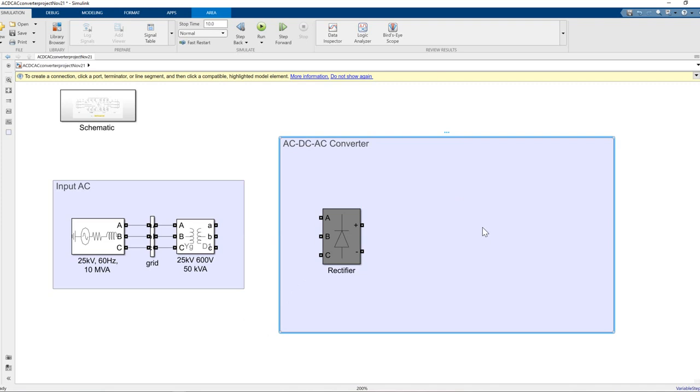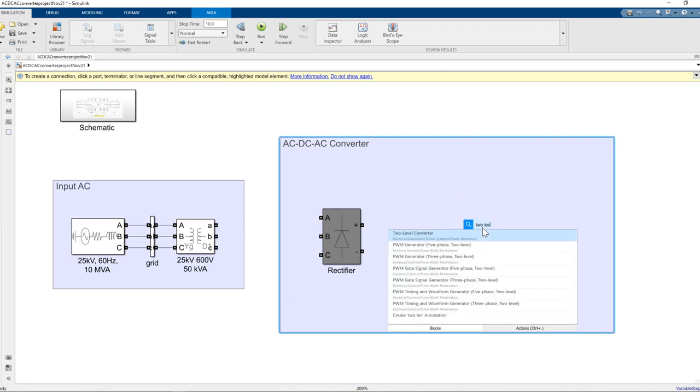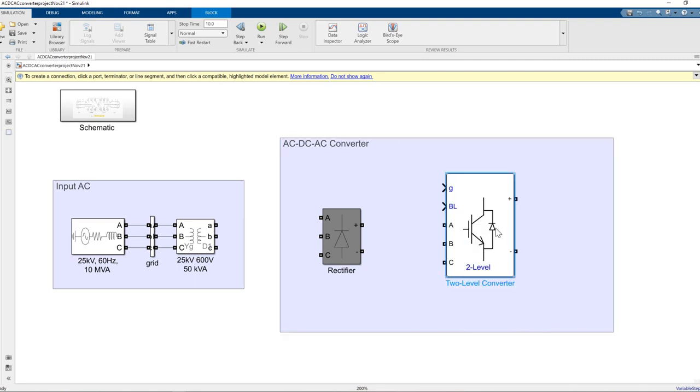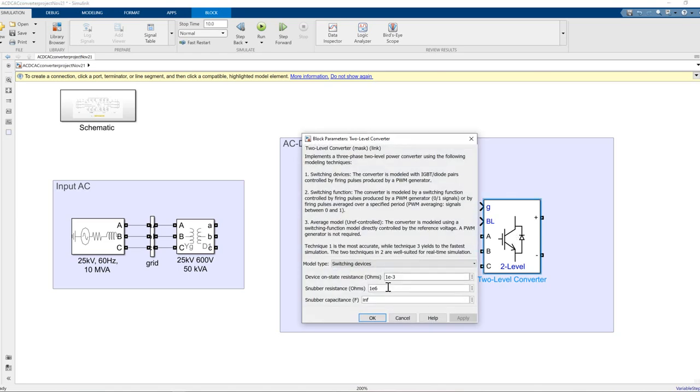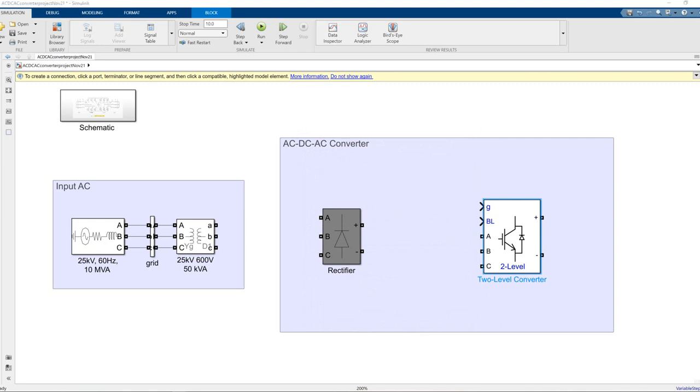And then the next one you can go to the two-level converter here, and you click on the switching device. This one you don't change anything. Okay, and this one you can call the inverter.